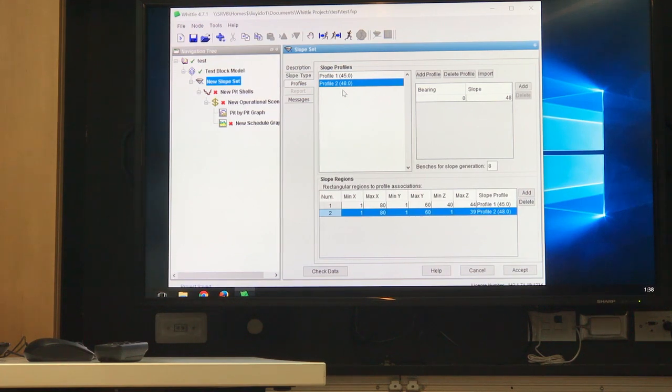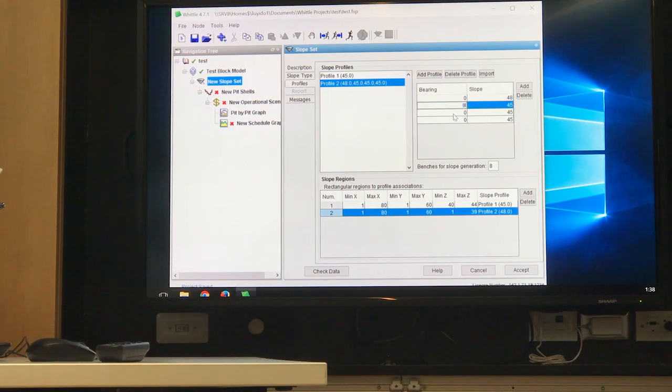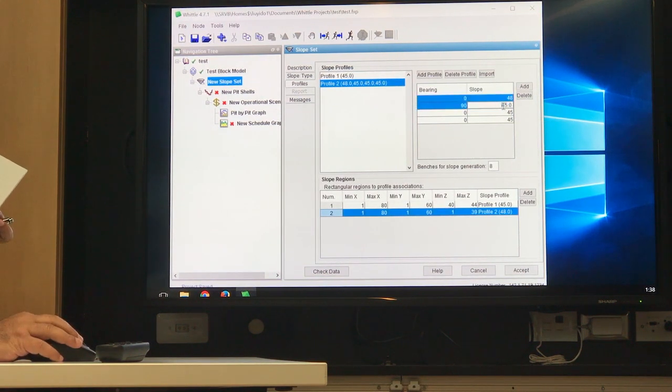I could assign a different angle to each one of those bearings. For this one, if I look at it from the middle, the bearing angle here is 0, or azimuth is 0. So I could assign 48 degree to bearing angle 0. Then I could add more here, okay? I could say for 90 degree, which is this wall, go and assign a slope angle of 50 degree, because the rock is better.